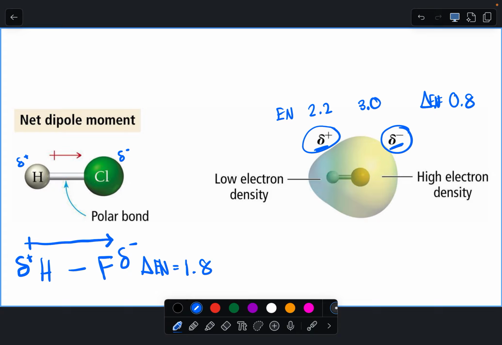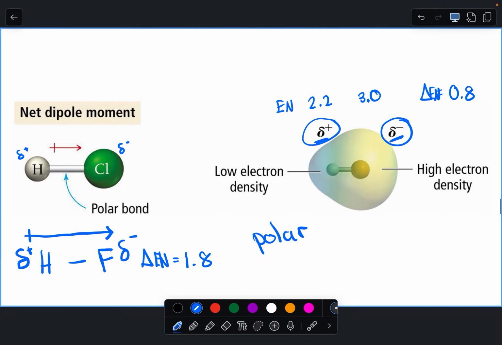So we would say that the molecule HCl is polar. That's how we describe it. Think polar like it has two poles, a positive and a negative pole, P-O-L-E, like North Pole, South Pole. But these are poles like charge poles. So negative pole, positive pole, okay? So we would say that these molecules are polar.